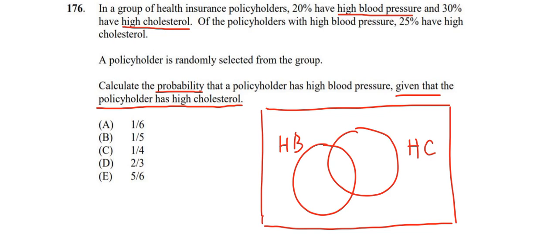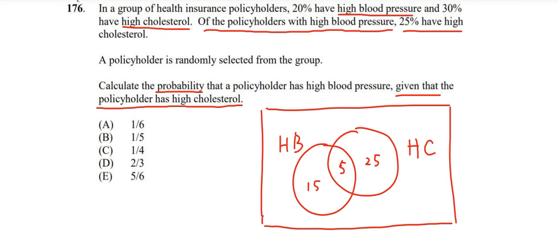Let's check this. Among those with HB, 25% have this, so this accounts for 25% of the total, where the total is 20. So there's 5%, and this is 15%, totaling 20. This is 30%, then we know this is 25%.